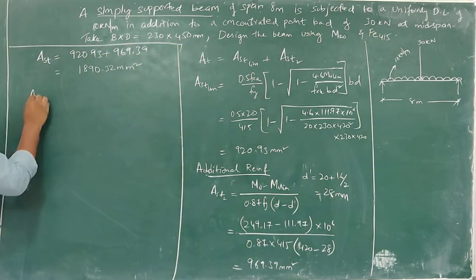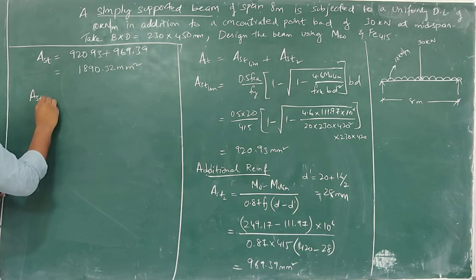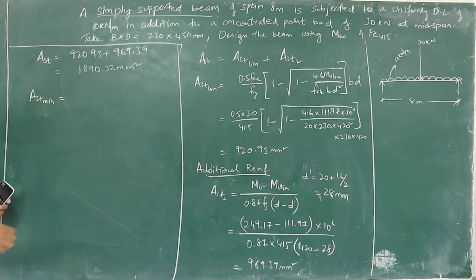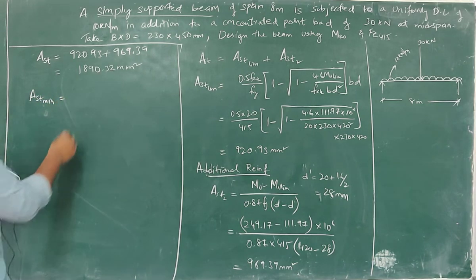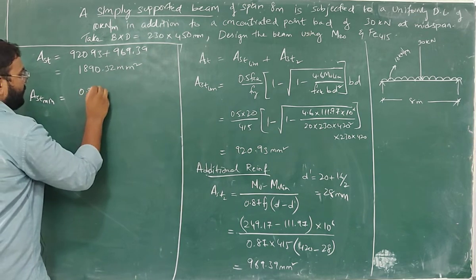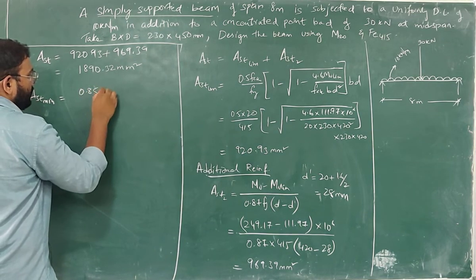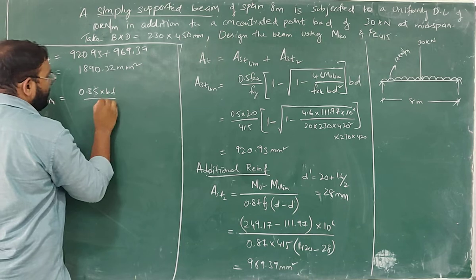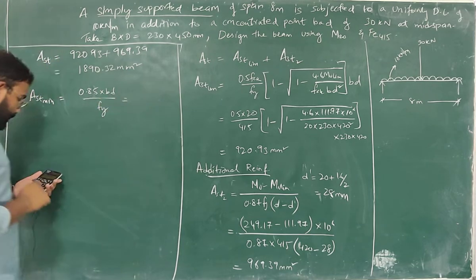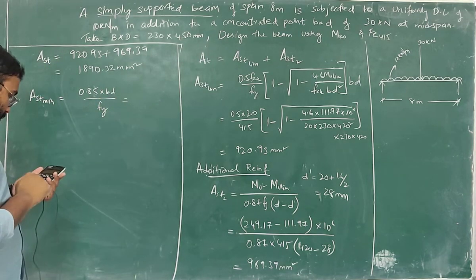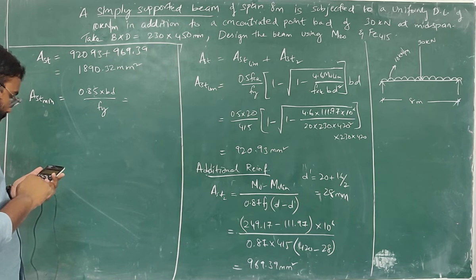Now Ast minimum will be equal to 0.85 bd by fy. 0.85 bd by fy.